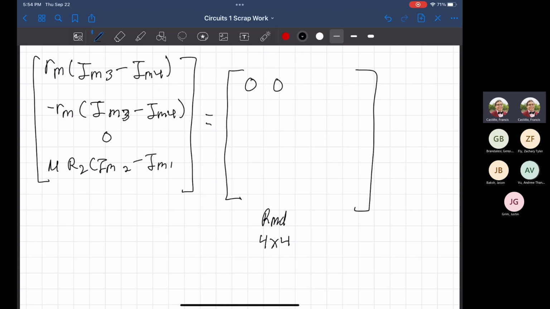All we're saying is Rm has been distributed. If you were to distribute Rm into our original equation, it'd be Rm times the current of mesh 3 minus Rm times the current of mesh 4. I'm going to go ahead and draw out our mesh vector just so that everyone can see what's going on.